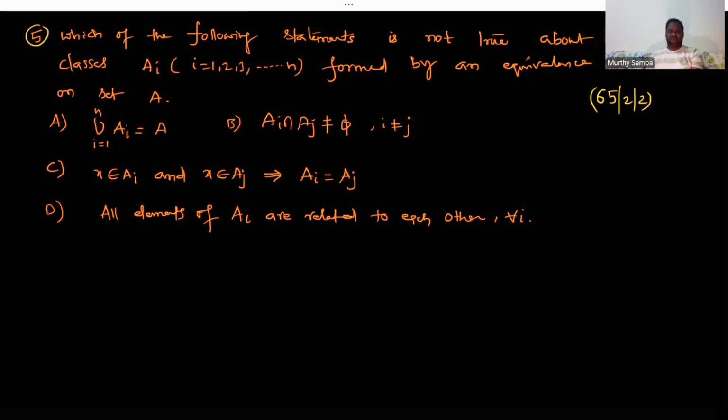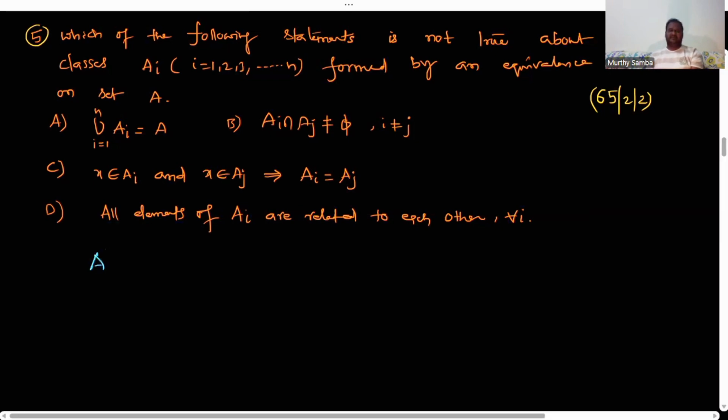When you answer this problem, you have to consider one set A. You know what kind of set A? For example, I am taking the set of all watches. So then I am taking the first set.